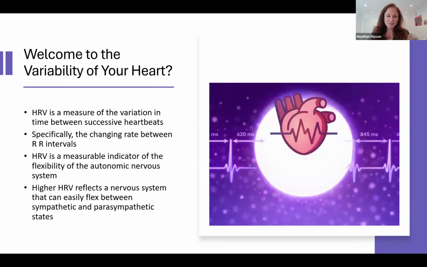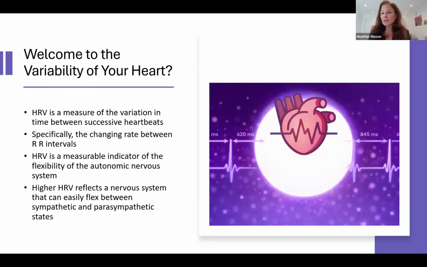So, okay. Why is it so important? Well, heart rate variability is a crucial measure of the flexibility of your autonomic nervous system. The ability to move from a parasympathetic state to mobilize into a sympathetic state. And that doesn't need to be fight and flight.